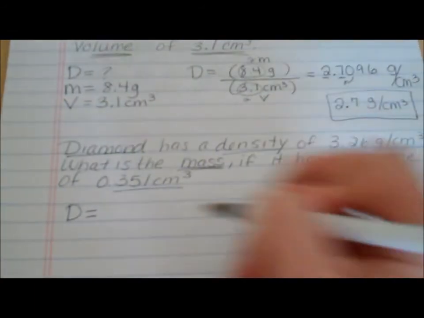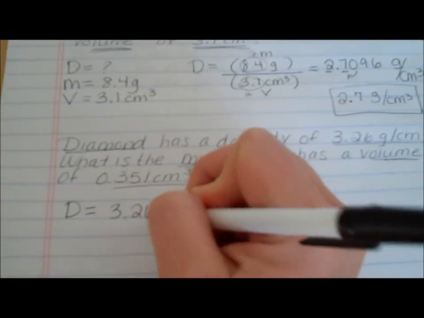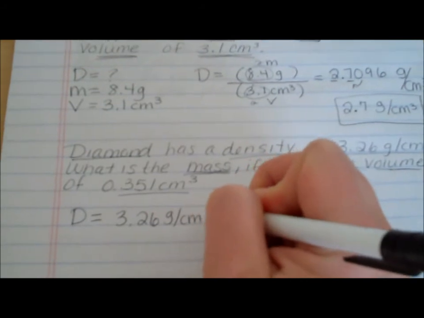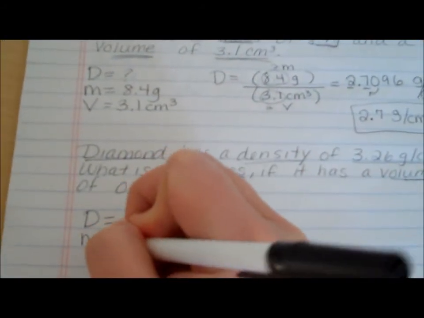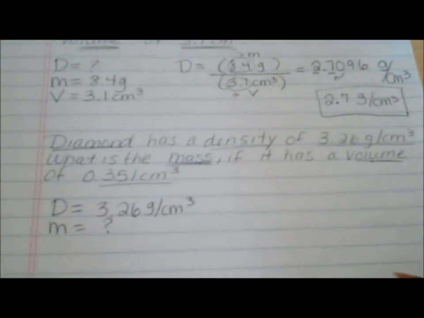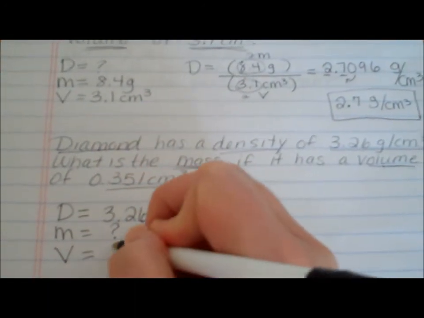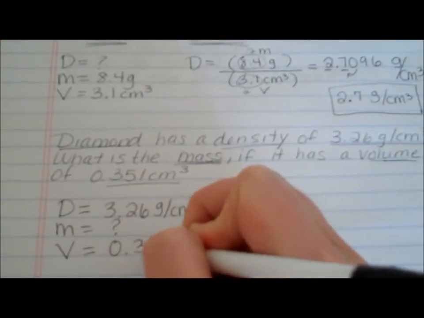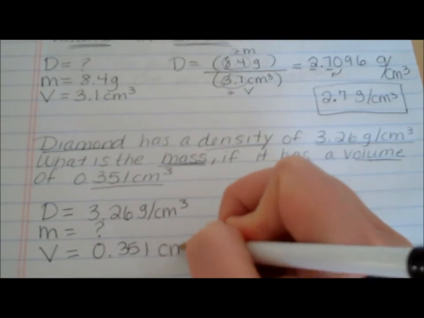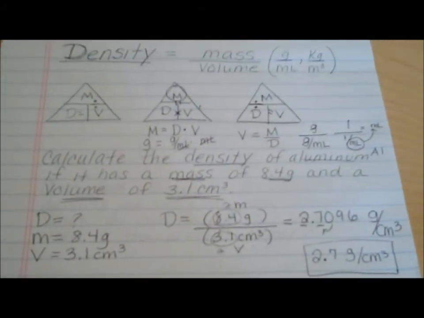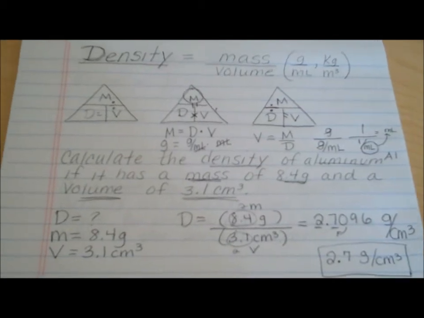Now we're given density as 3.26 grams per centimeters cubed. We're looking for our mass, so I'm going to write a question mark, and we have its volume at 0.351 centimeters cubed.